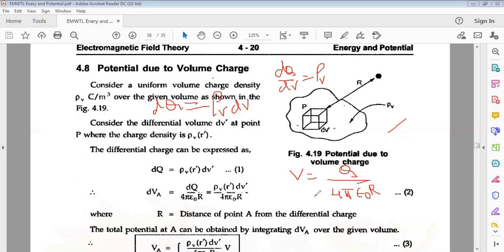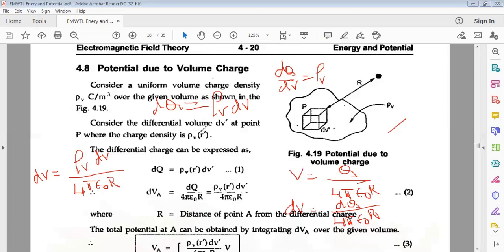So the change of potential dV is equal to dQ by 4 pi epsilon naught R. Substituting dQ equal to rho V into dV, dV is equal to rho V dV whole divided by 4 pi epsilon naught R.